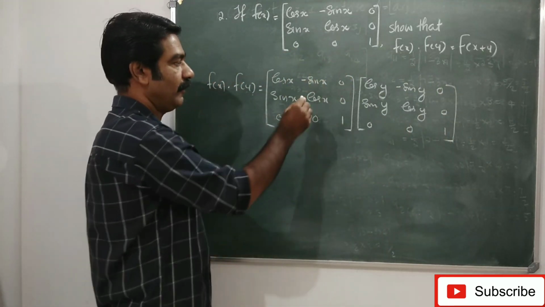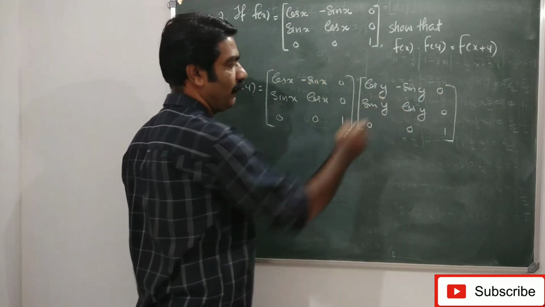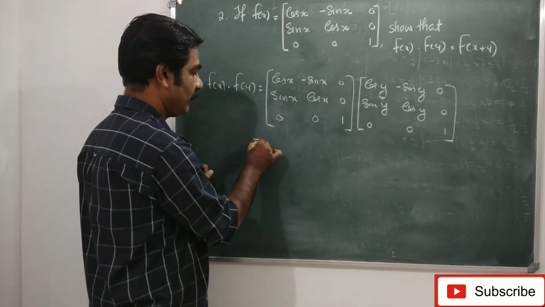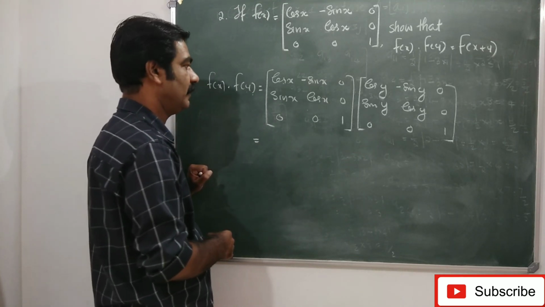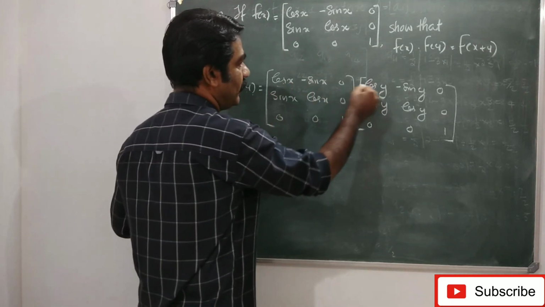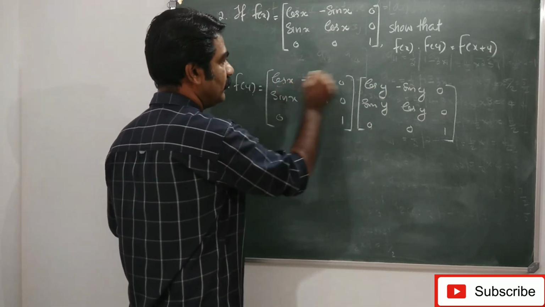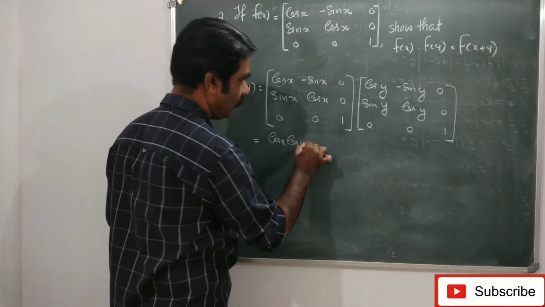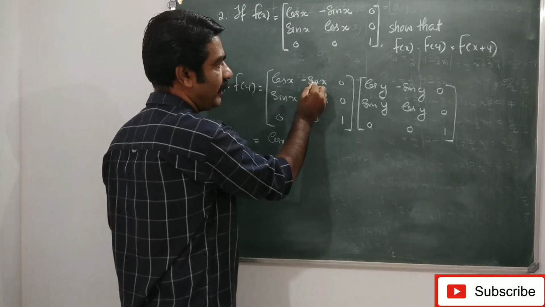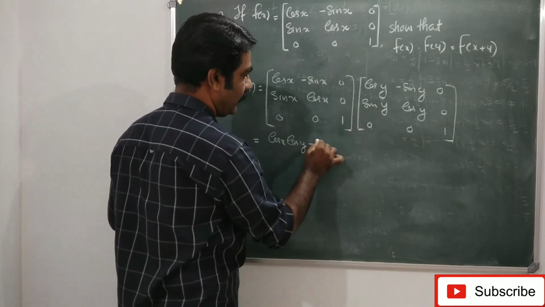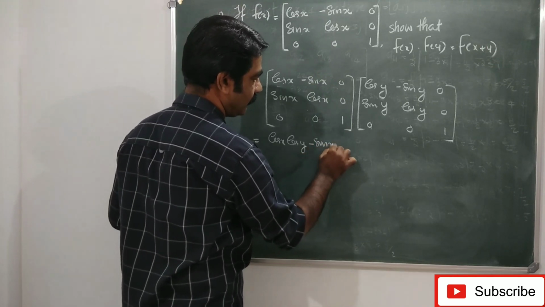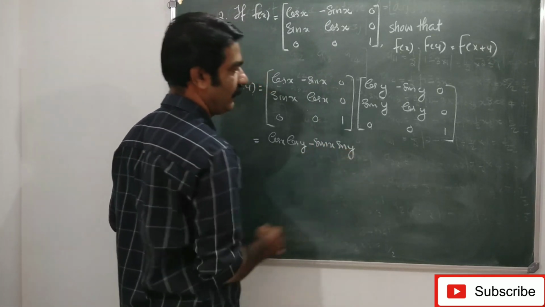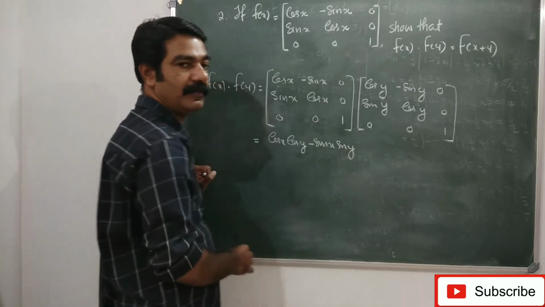Okay, so this is f of x into f of y. Now we have to multiply this. First row multiply with the first column: cos x into cos y is cos x cos y, plus minus sin x into sin y, that is minus sin x sin y. Then 0 into 0 becomes 0.